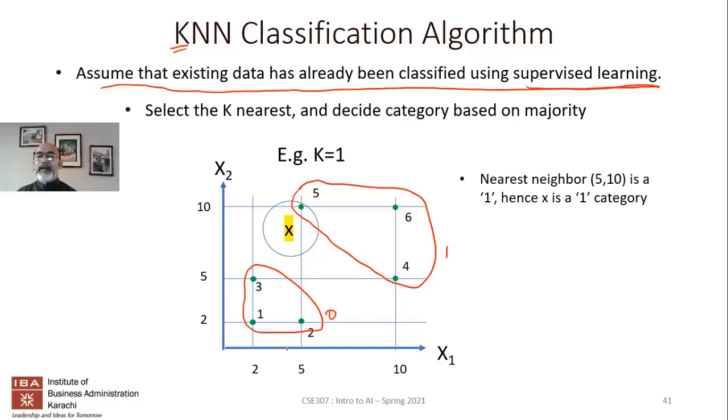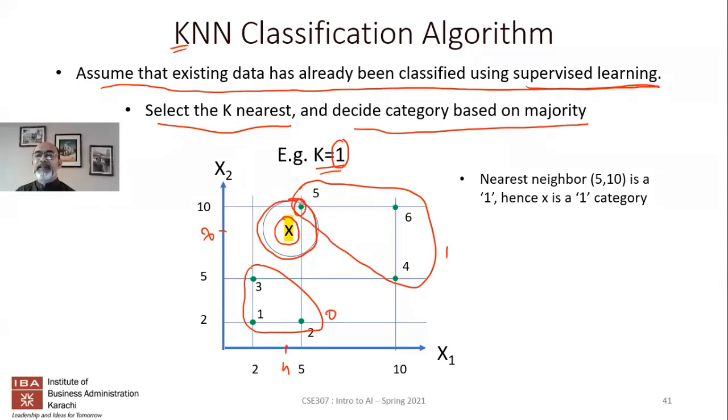And now you've got a new point, again let's say 4 and 8. What you're going to do is based on the value of K, which is generally specified as part of the algorithm. Let's pick the simplest value, K equal to 1. We're going to select the K nearest points and decide the category based on the majority. So here, if K is equal to 1, we draw expanding circles around the new item we're trying to classify until we come across the first item nearest to it.